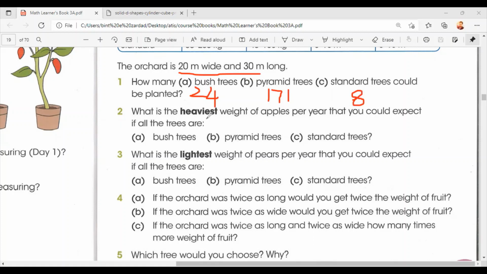So what is the heaviest weight of apples per year that you could expect if all the trees are bush trees? If all the trees are bush trees.